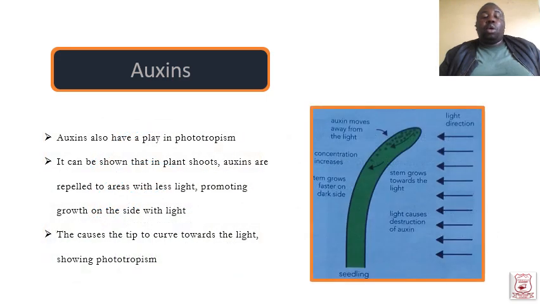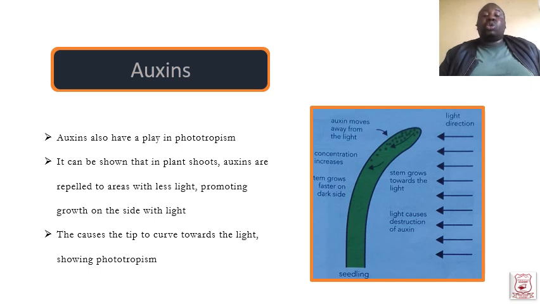Also, we are going to see how auxins can affect the growth of plants when exposed to light. It is different to when auxins are exposed to gravity, in the sense that auxins repel light. So they go to the area where light is not. But when they're in the shoot, they are going to promote growth in the area where they are concentrated.